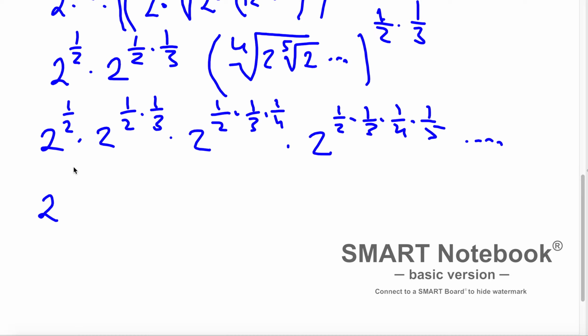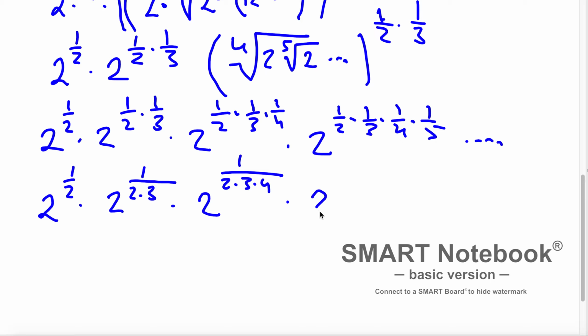According to multiplying fractions, we can write this one as 1 over 2 times 3, and the next is going to be 1 over 2 times 3 times 4 times 5, and it goes forever. I'm explaining every step, so that's why I'm writing a little bit of extra steps.